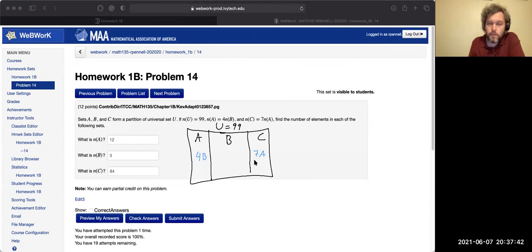Okay, if A is 4B, this would be 7 times 4B. Since I know that A is equal to 4B, that's what they told me, I could sub in, just like our algebra class, I could sub that in, and I would have 7 times 4B. So what's that? That would be 20AB.